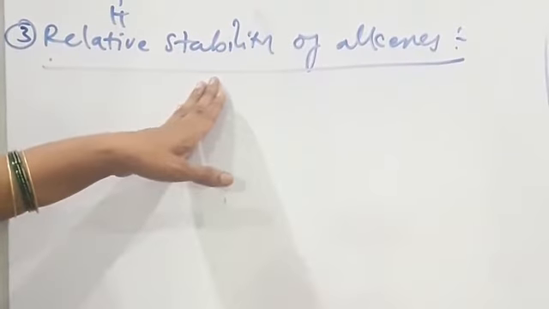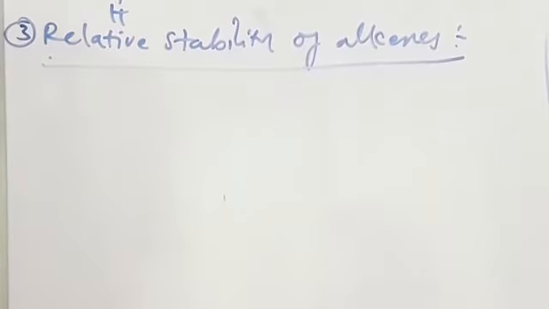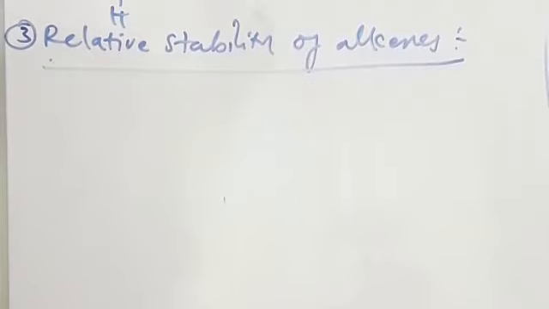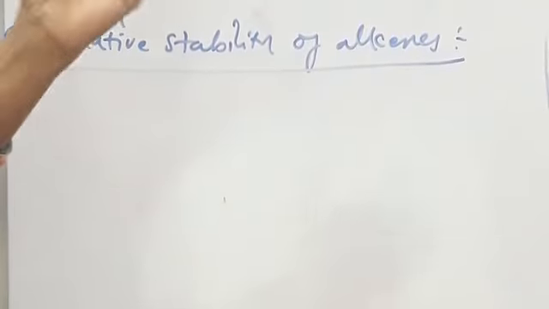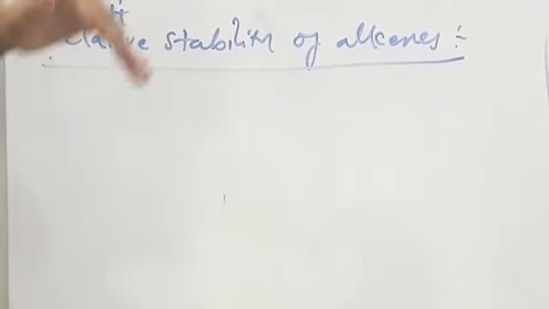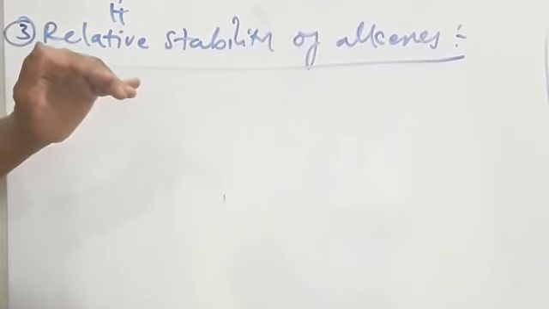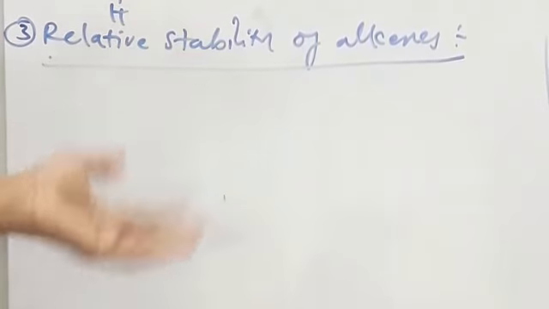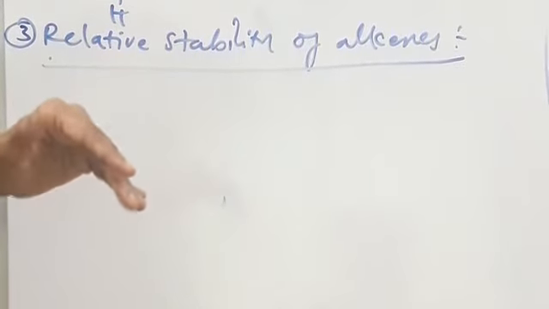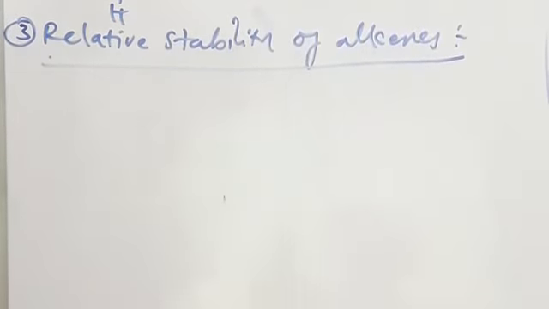So the stability of alkenes is inversely proportional to the heat of hydrogenation. Why? Because compounds having a greater number of alkyl groups show greater stability. For example, we take alkenes having double bonded carbon atoms. Double bonded carbons which are linked with more alkyl groups show greater stability and less heat of hydrogenation.